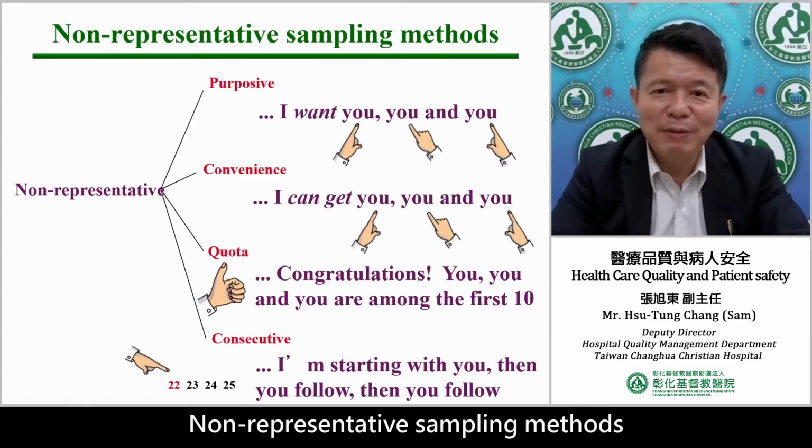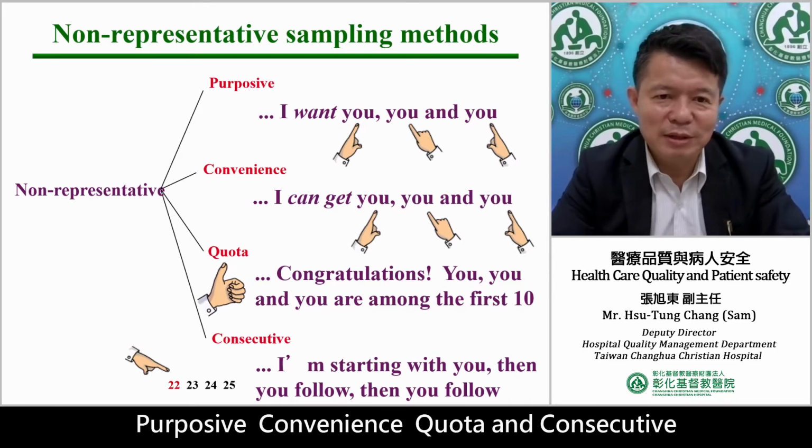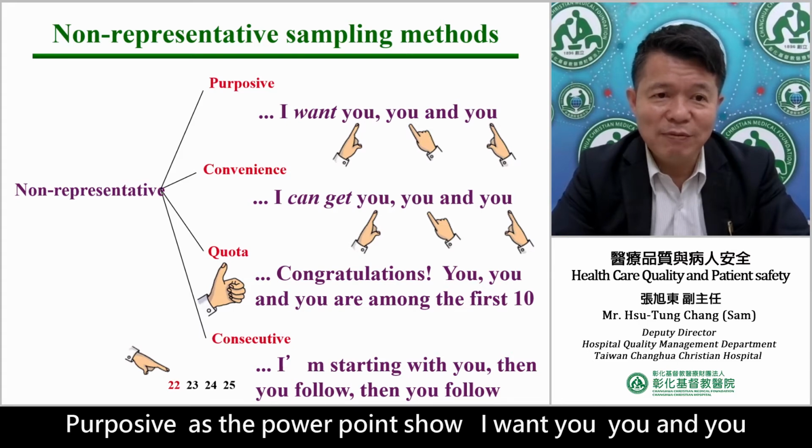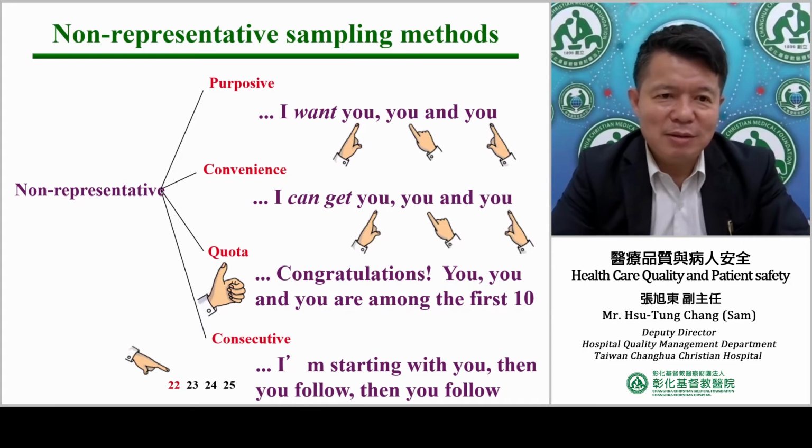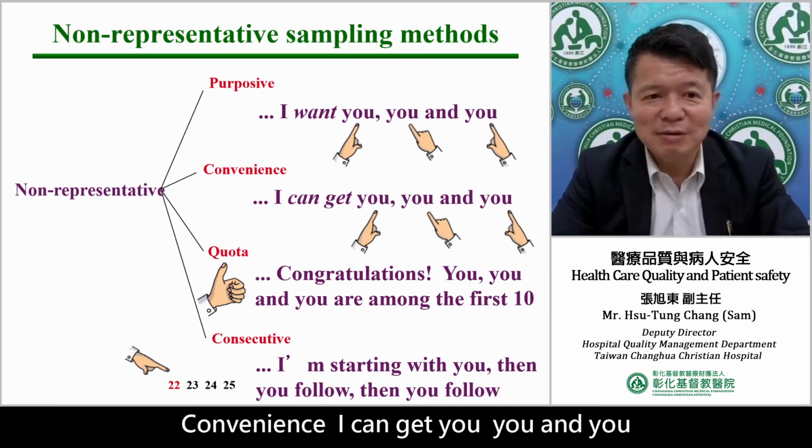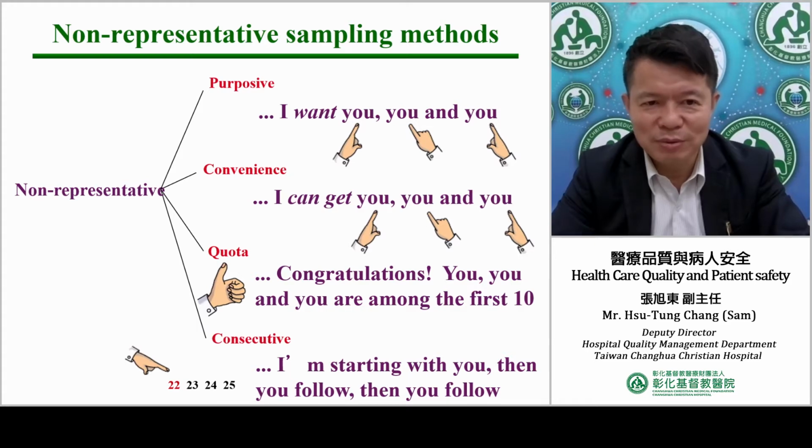Non-representative sampling methods: purposive, convenience, quota, and consecutive. Purposive, as PowerPoint shows, I want you, you, and you. Convenience is I can get you, you, and you.